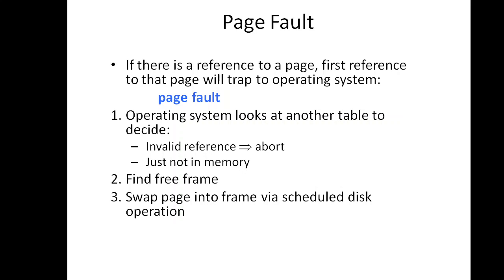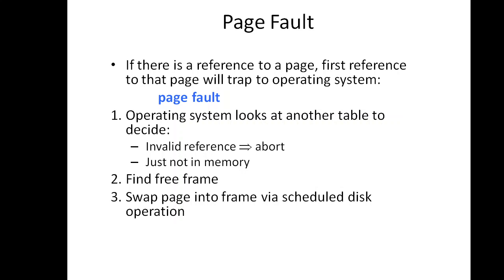In order to handle page faults, the first step is we should check an internal table, other than the page table, to determine whether the referenced page was a valid one or an invalid memory access. So we should first check the memory reference that is made.